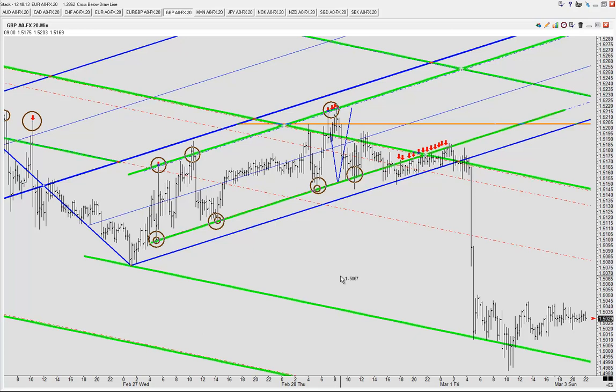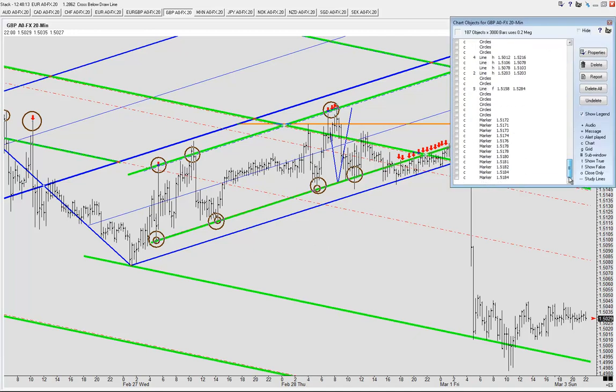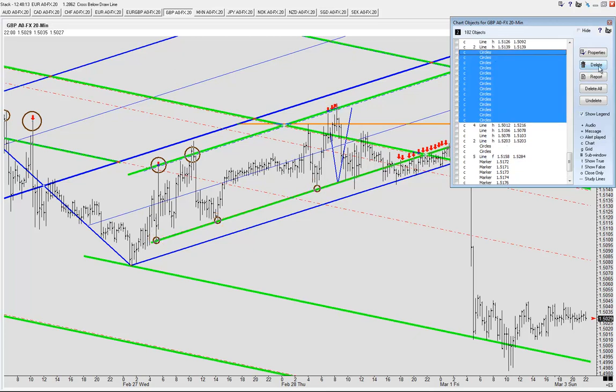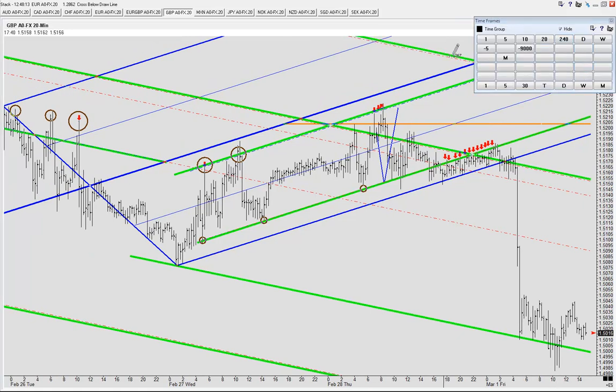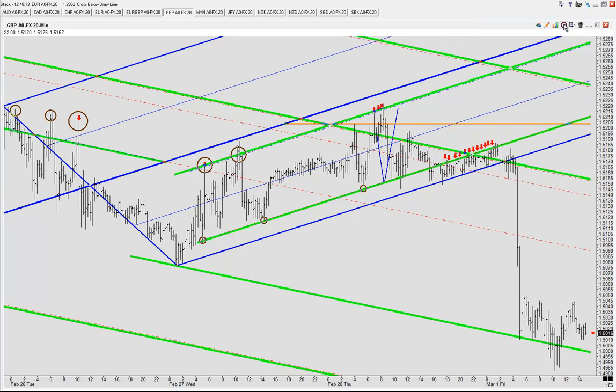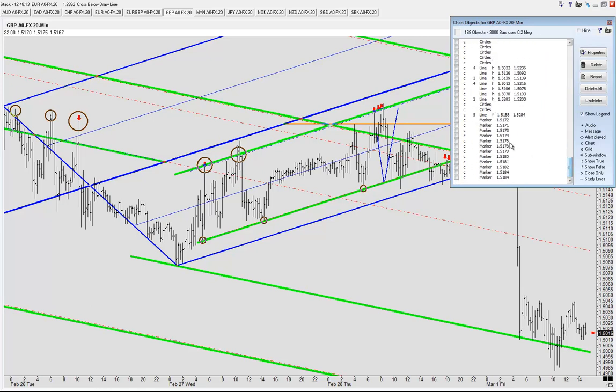My point is, if something continues to happen, let's get rid of some of these circles for a second so I can show you something. If something happens on a regular basis, where are all these little circles? One second.